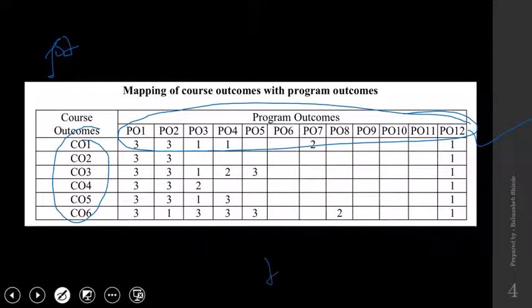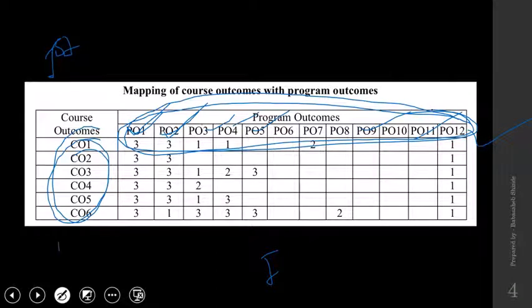In the first semester, you might attain PO1, PO2, PO5, PO9, PO11, whatever it is. And in semester 2, you might attain a few remaining ones along with the ones that you attained in semester 1 itself. So when you study an individual subject, some of these 12 statements will be attained, not all the statements.